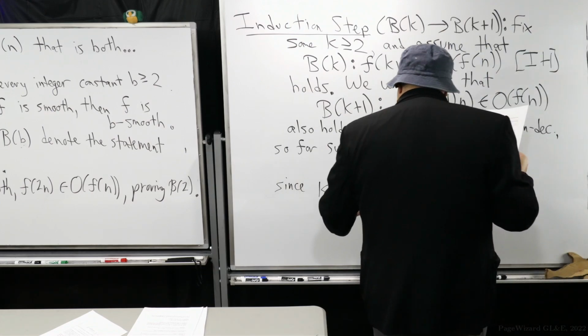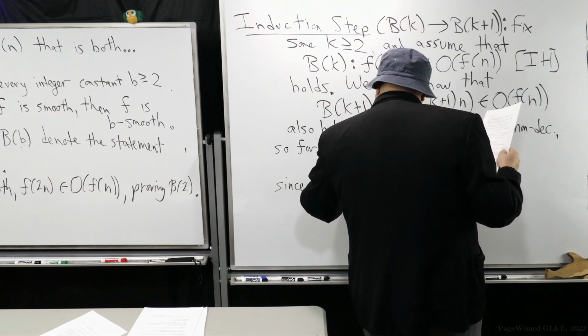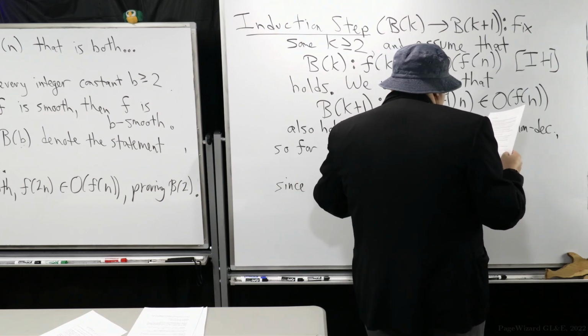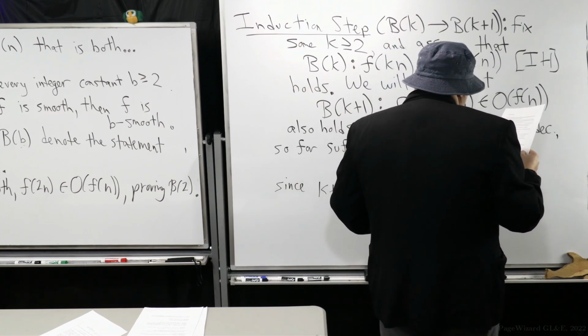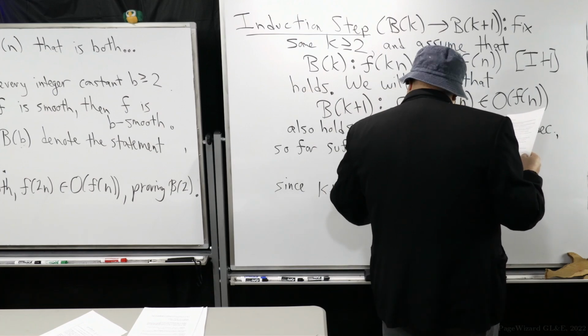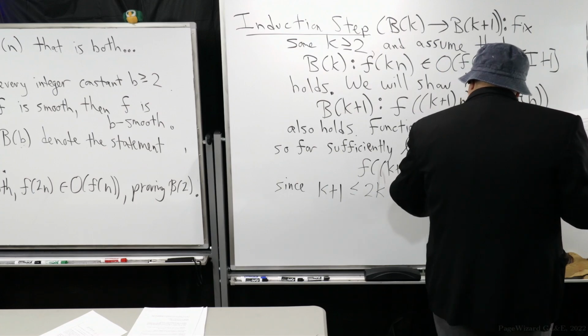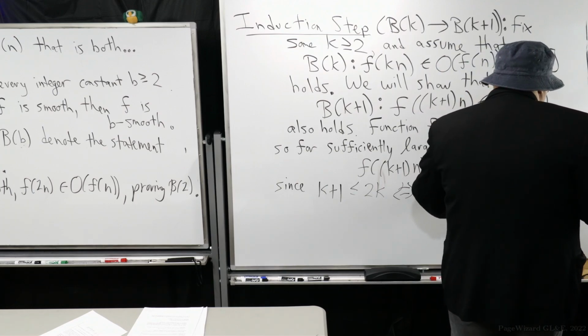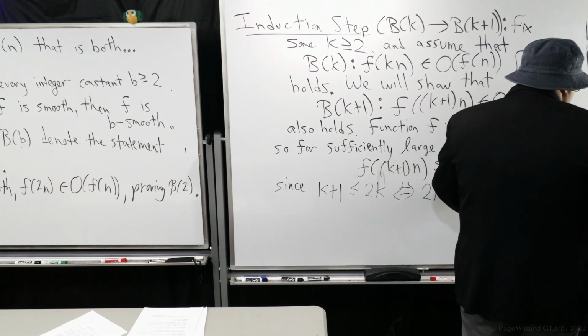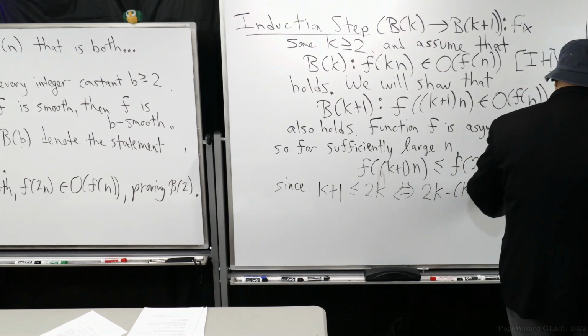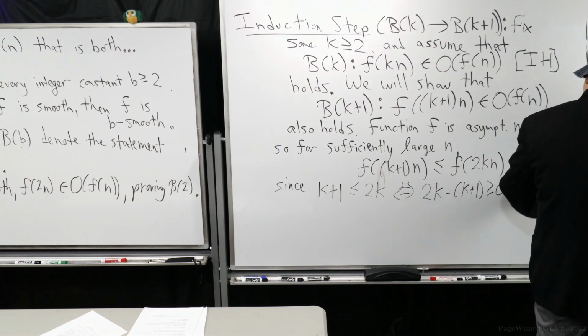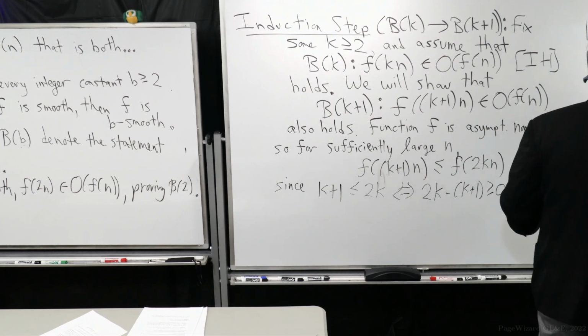So I'm just going to look at the k plus 1 and the 2k. It's less or equal to 2k, which is no different than me writing that 2k minus k plus 1 is greater or equal to 0, which is no different than me writing k minus 1 is greater or equal to 0.